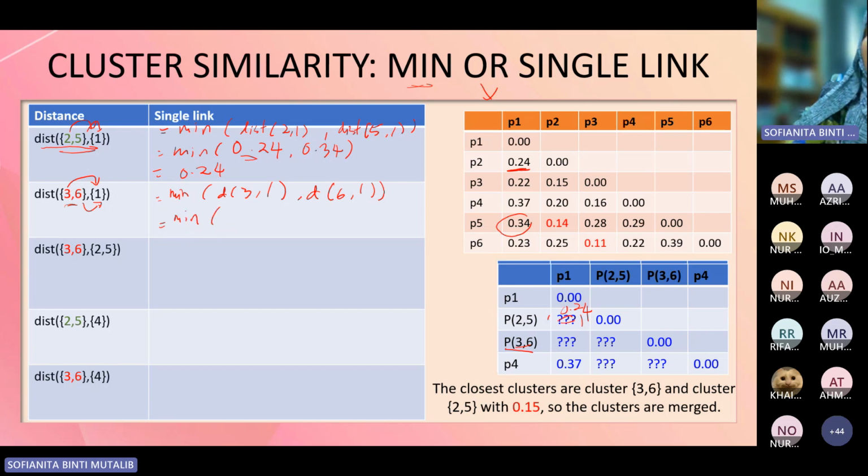The distance 3, 1 is 0.22 and 6, 1 is 0.23. So you will get 0.22. So here you can replace it with 0.22.